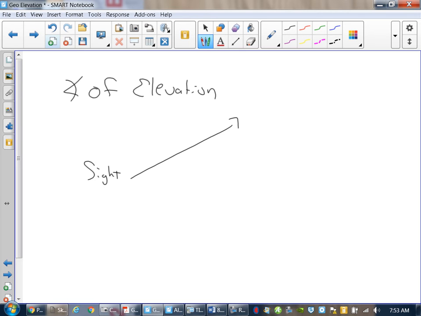Now, what I mean by line of sight is that if you have your regular old boring line of sight, your line of sight is always parallel to the ground. You're always thinking of it as line of sight from the horizon up. This interior angle here is your angle of elevation. Line of sight upward. It's basically what you guys were doing down in the auditorium. That was all angle of elevation. Line of sight up.